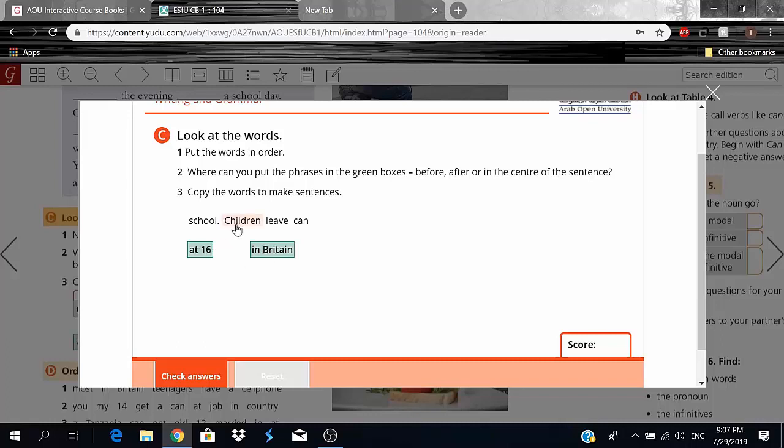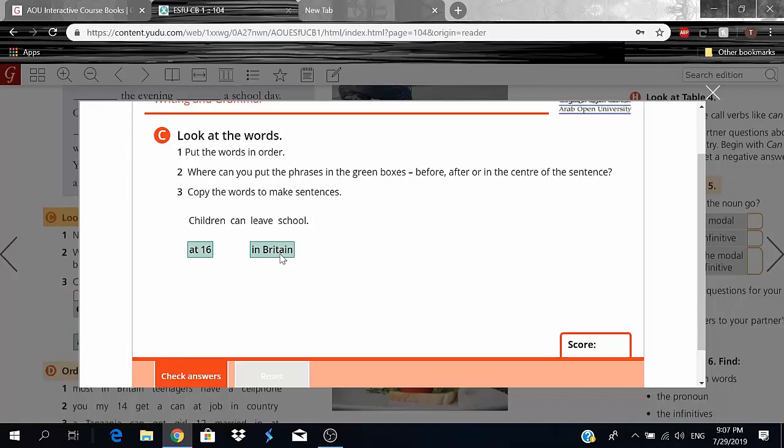So I could probably say children can leave, or actually nope, school will be right here. So children can leave school. This is just the most basic sentence. Now, if I want to add at 16 and in Britain, there are multiple ways I can do this.